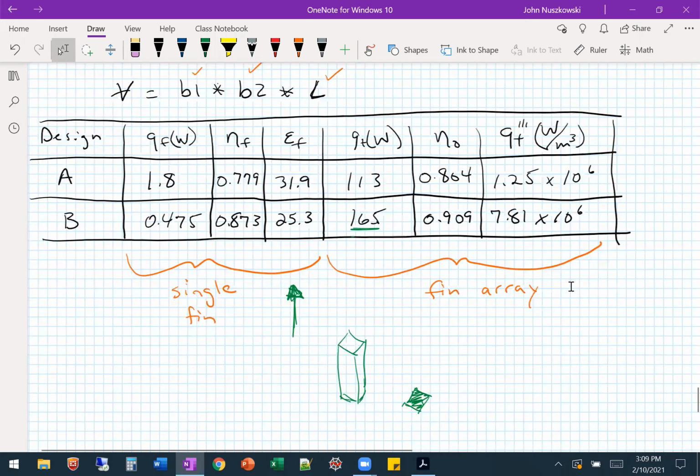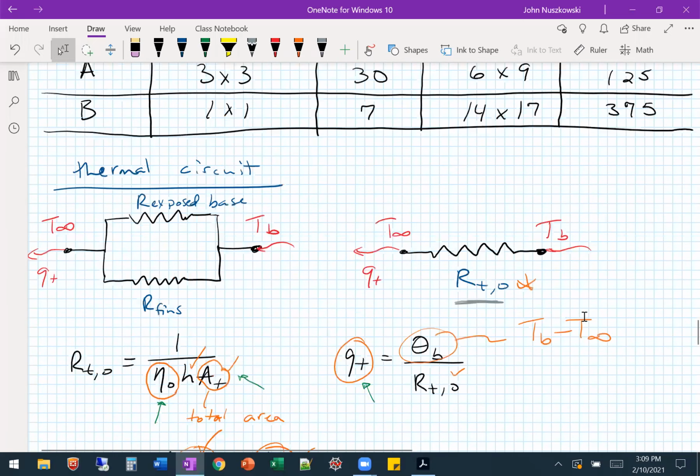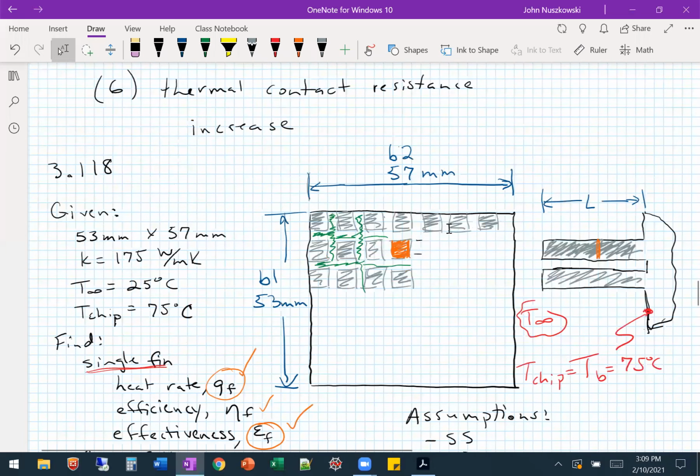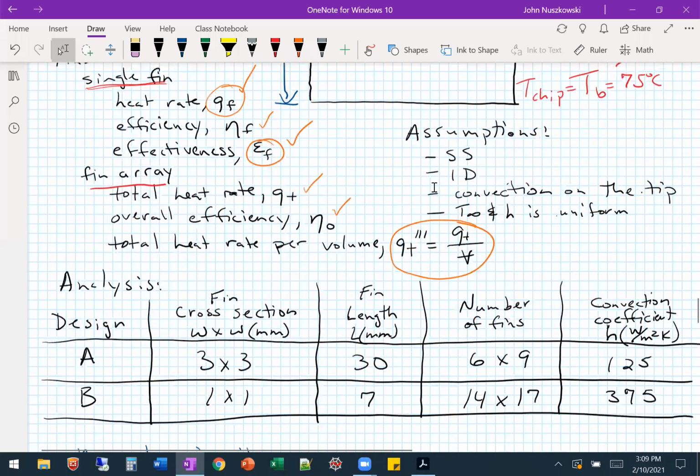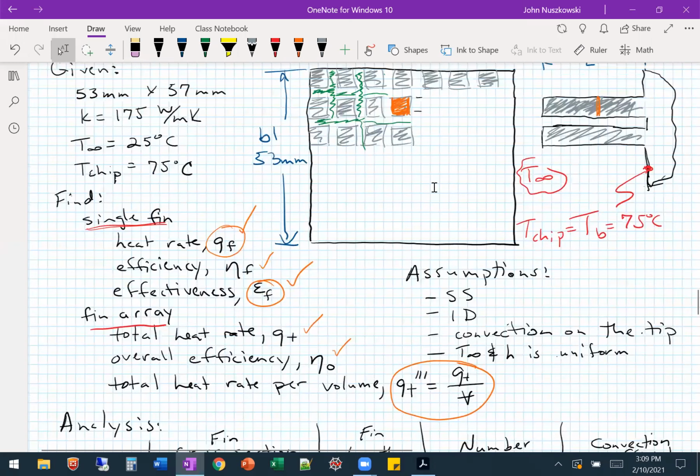So why don't we just make a heat sink with more and more fins? This one's now 1 millimeter by 1 millimeter. Why don't we do even more? What might be limiting us in that case? What is our limit on more and more fins?